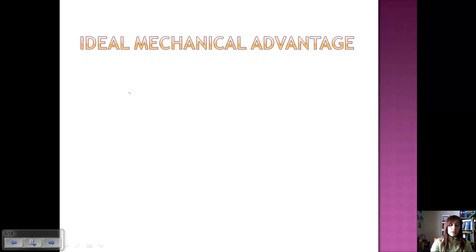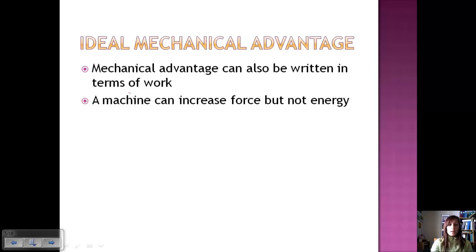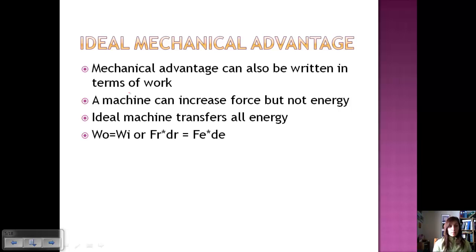We can also have what's called ideal mechanical advantage. Okay, and we can write this in terms of work. So a machine, remember, can increase force, but not energy. Well, an ideal machine transfers all the energy, right, because it's an ideal situation. So this would mean that work output is equal to work input, or force of resistance times the distance of resistance, resistance being the machine, is equal to the force exerted times distance exerted, exerted being like you or what you do.